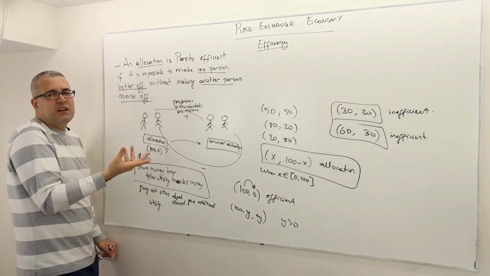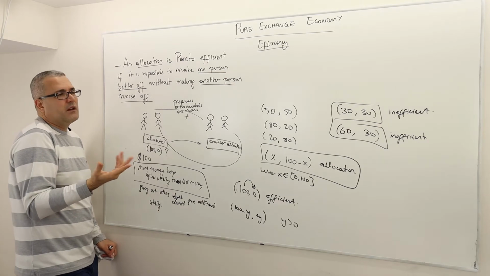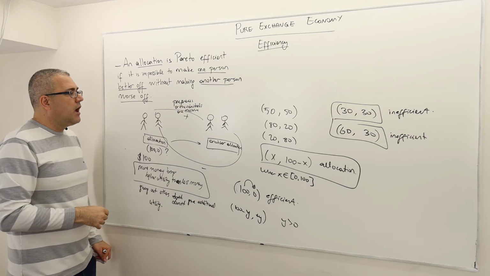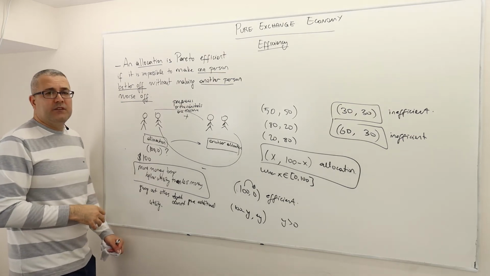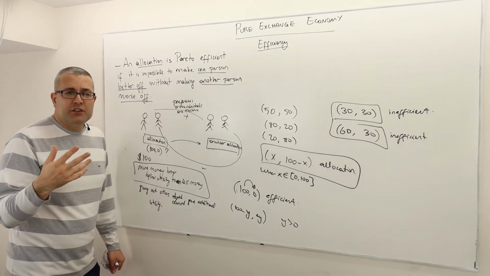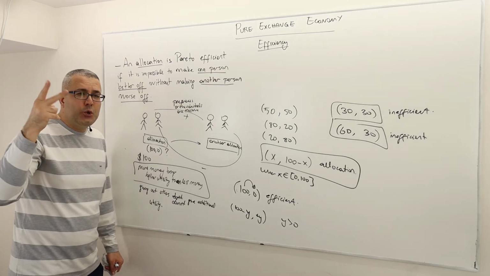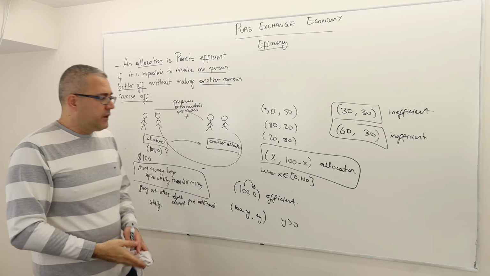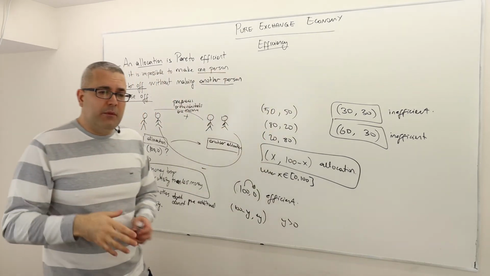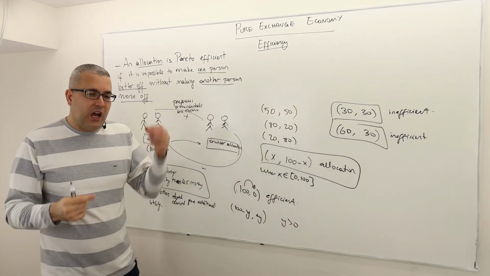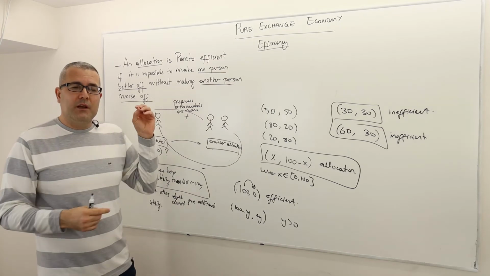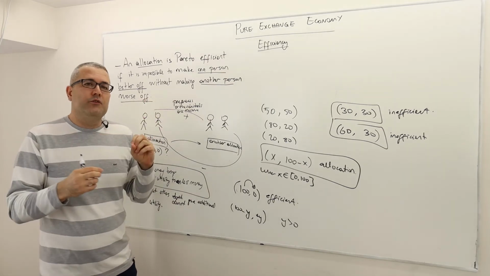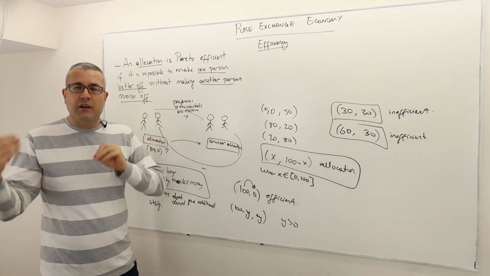So efficiency is not really bringing me something tangible in this framework. But the thing is, when it happens to be in a pure exchange economy where there are at least two goods, so there's good 1 and good 2, what is the allocation? Remember, allocation is how much of good 1 and good 2 Bob is going to consume, and how much of good 1 and good 2 Anita is going to consume.